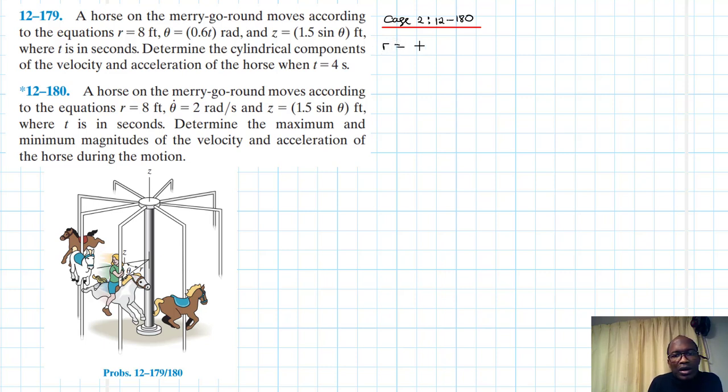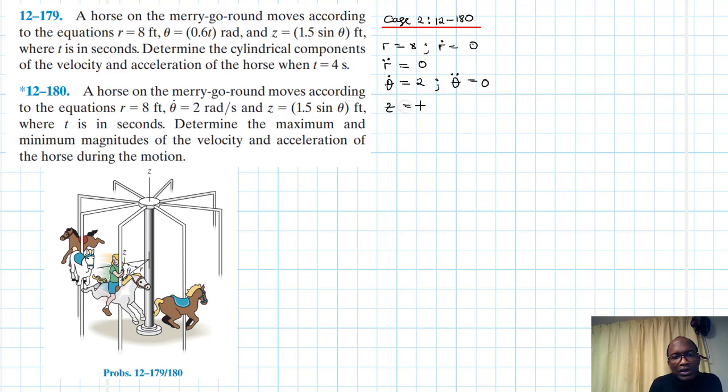So we have r equal to 8, which is a constant, and therefore r dot is just going to be equal to 0, and so is r double dot. We have theta dot equal to 2 rad per second, and therefore theta double dot also is just going to be equal to 0.